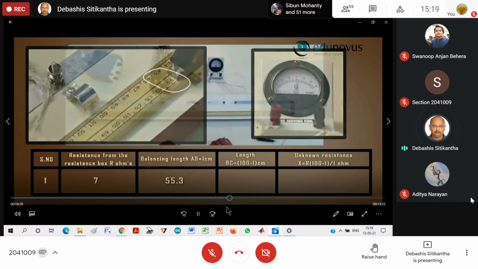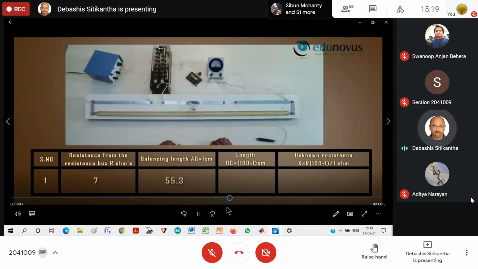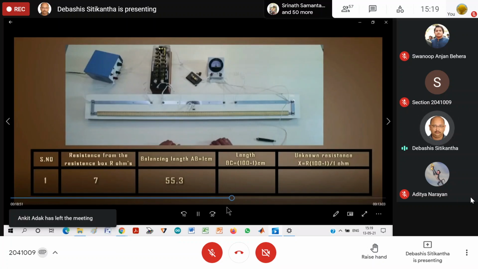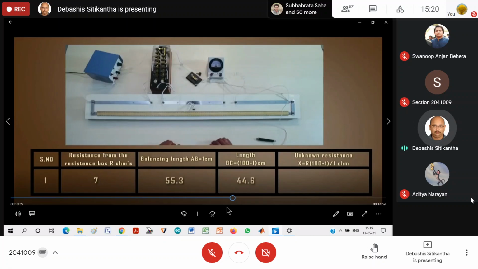Therefore, length BC is equal to 100 minus L centimeters, which is 100 minus 55.3 centimeters. Therefore, balancing length BC is equal to 44.6 centimeters. Unknown resistance X is equal to 7 into 44.6 divided by 55.3, which is 5.64 ohms.